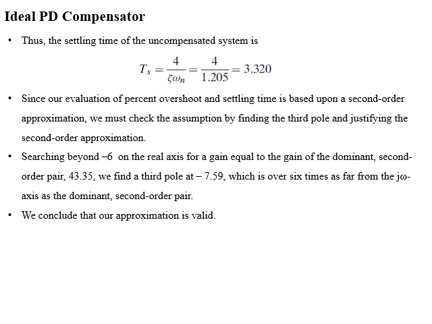Dear students, now we will find settling time for the uncompensated system operating at 16% overshoot. The settling time is equal to 4 divided by sigma, or 4 divided by zeta omega n, and this is equal to 3.320 seconds.